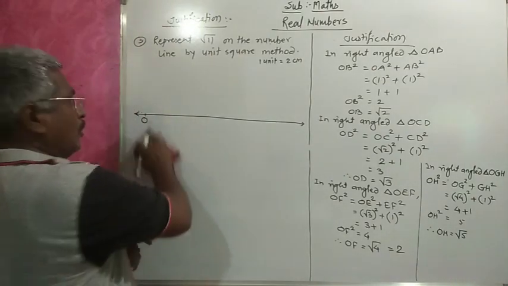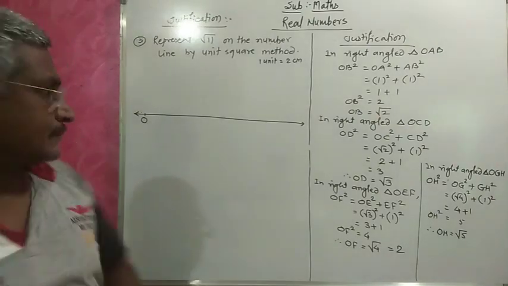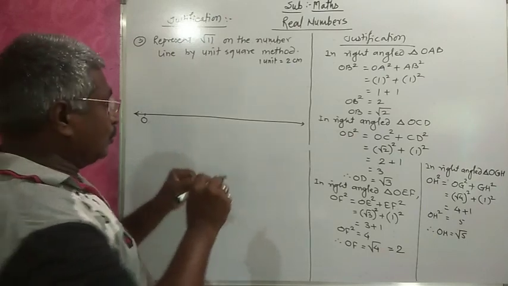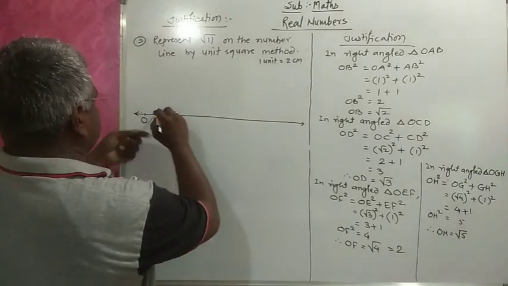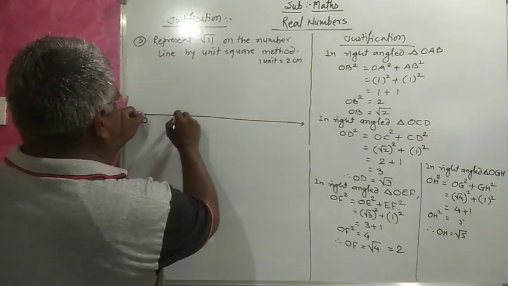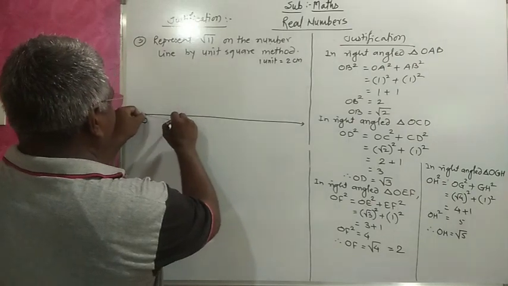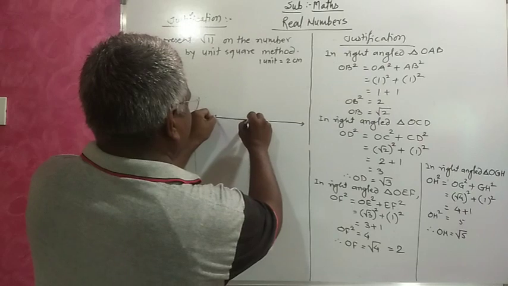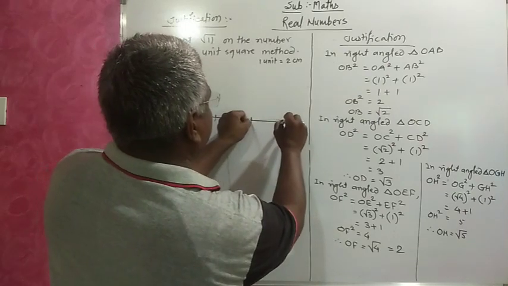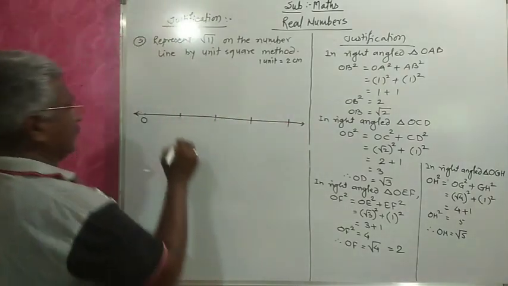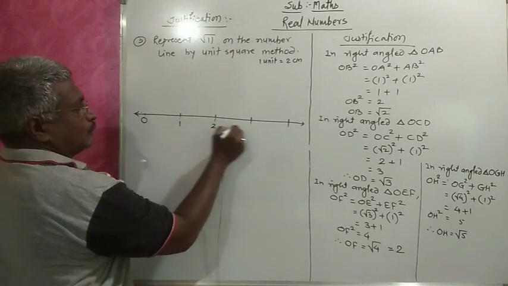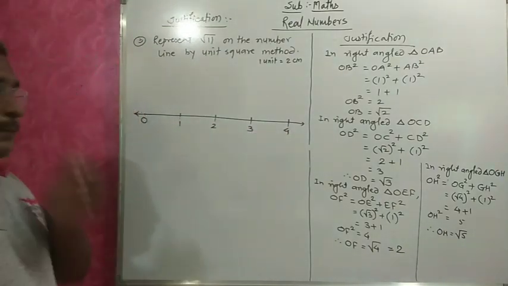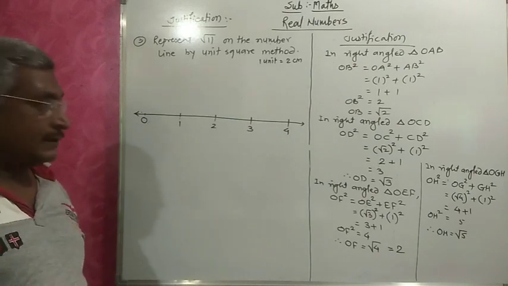So for that purpose we consider 2 centimeters as 1 unit. Take it in the compass and mark 1, 2, 3, 4 on the number line.